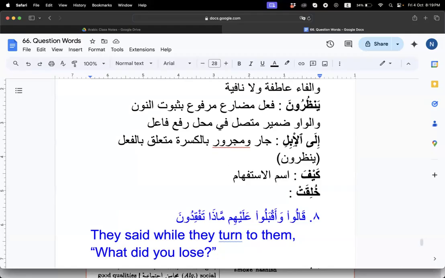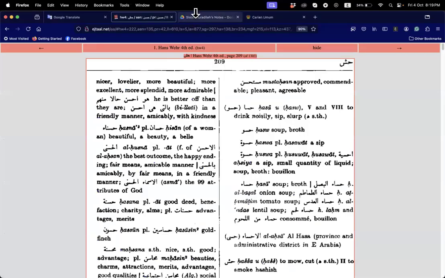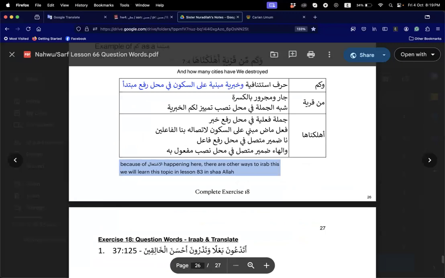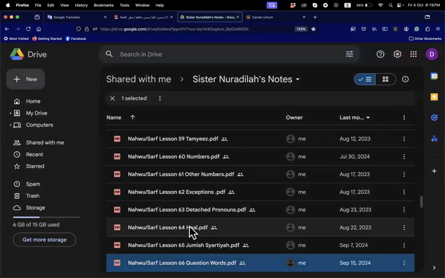Khobar? No, not khobar. How do you translate kaifa khuliqat? How it was created. Yes, so it's asking how. This one was a bit difficult. Maybe let's revise a bit. Hold on.